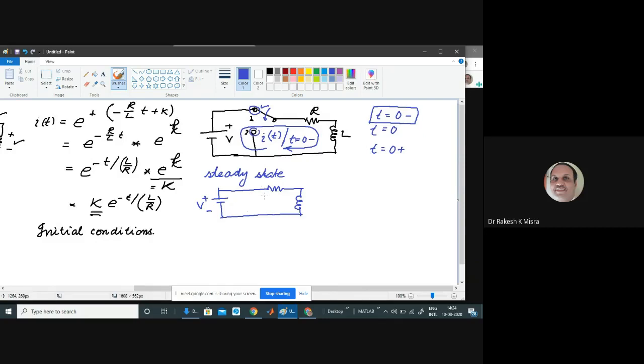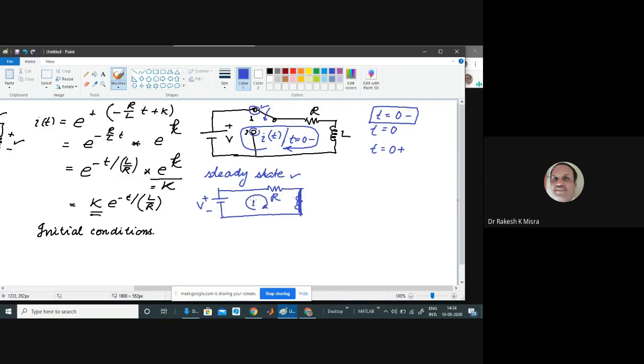Now what will be the current? We know that in a steady state for a long period of time, this inductor behaves as a short circuit. So when this inductor is behaving as a short circuit in a steady state, we can find the current here.